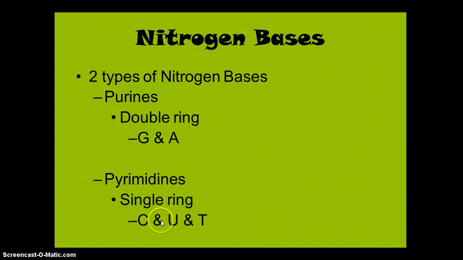Up until this point, you should have heard about uracil and know that it's not found in DNA, but it's found in RNA. And a way you can remember the purines is PGA: purines, guanine, adenine. And a way to remember the pyrimidines is cut pie.